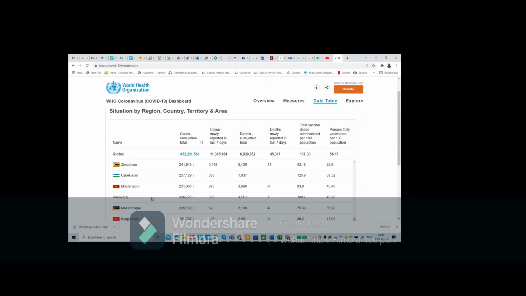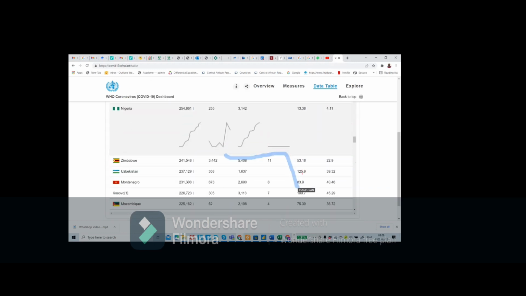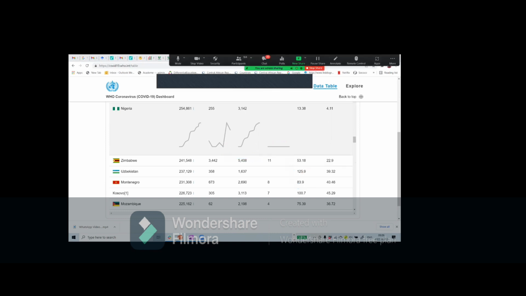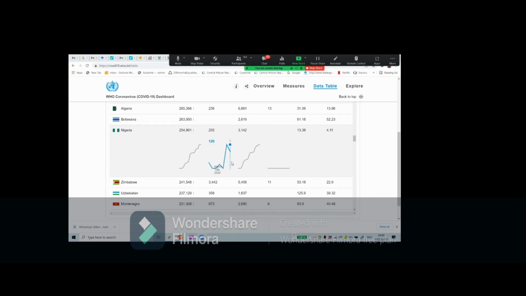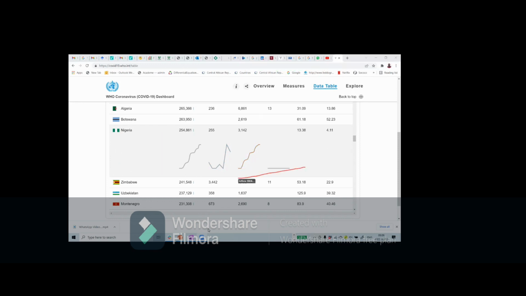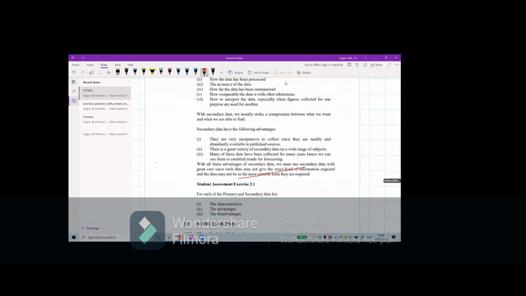So these are examples. Look at Nigeria now. Let's look at what is happening in Nigeria. This is what is happening in our country. Yes, we can see. So I'm just giving us an example of what can happen when you are collecting those data.